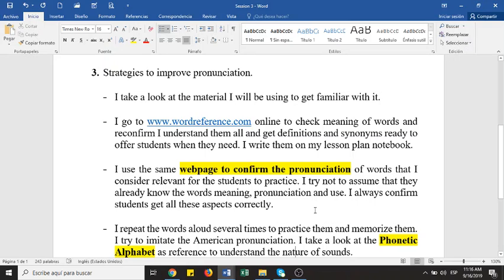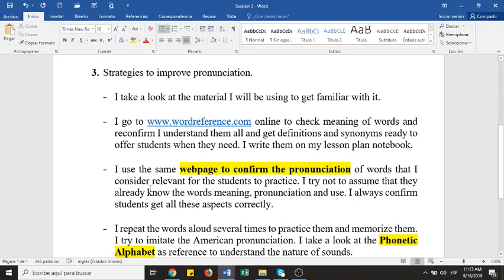So the second thing I do is I use a web page to confirm the pronunciation. That's what I'm telling you about in number two here. You can see that I highlighted with yellow the words that I consider relevant for the students to practice. It's not that I select only the new words or the words that I consider unknown for the students.